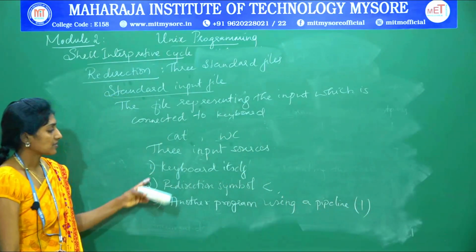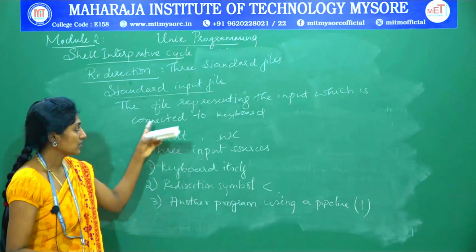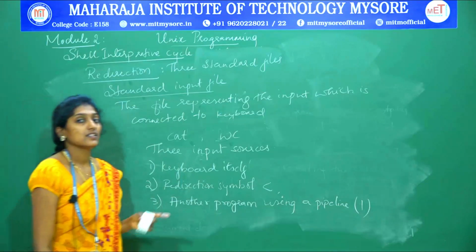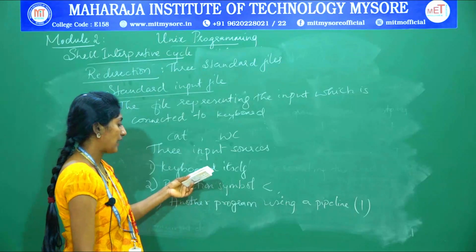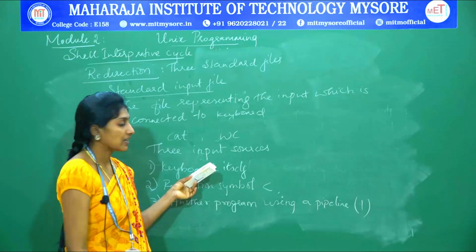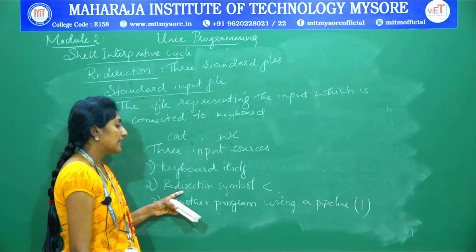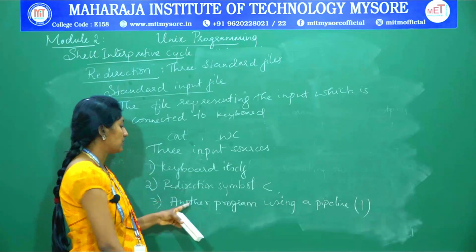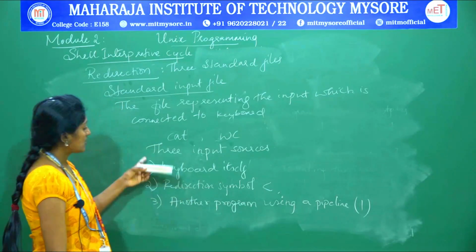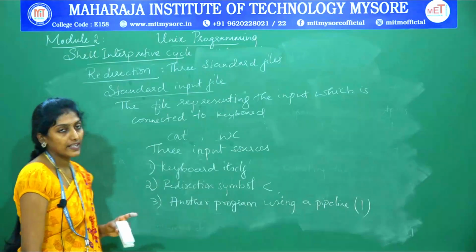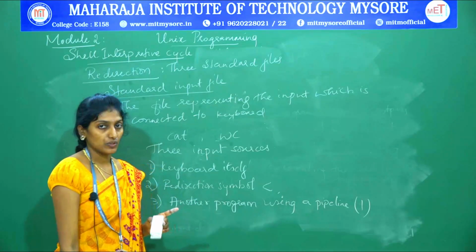Using this you can provide the input for the standard input file, and can provide an input for any of the commands. That is, one is the keyboard itself, the other is the redirection symbol, the less than symbol, and the last one is another program using a pipeline. So these are the three ways of providing an input to a command in Unix.